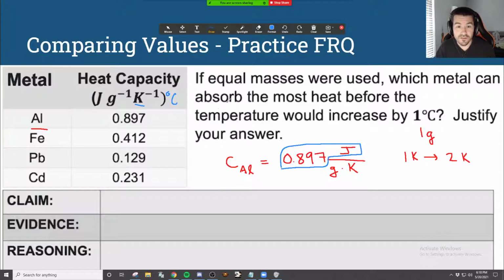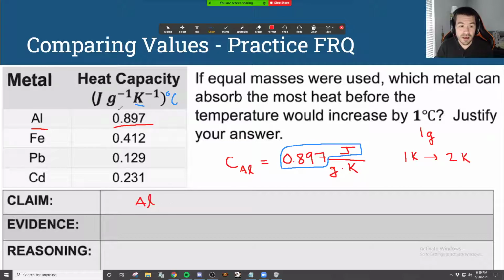Okay, so back to the question. If equal masses were used, which metal can absorb the most heat before the temperature would increase by 1 degree Celsius? Justify your answer. Well, aluminum has the highest heat capacity. Here's how I think about it: the substance with the highest heat capacity has the best ability to withstand temperature change. So it's going to be aluminum.